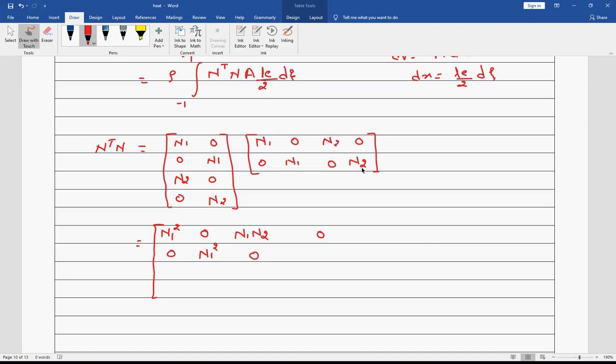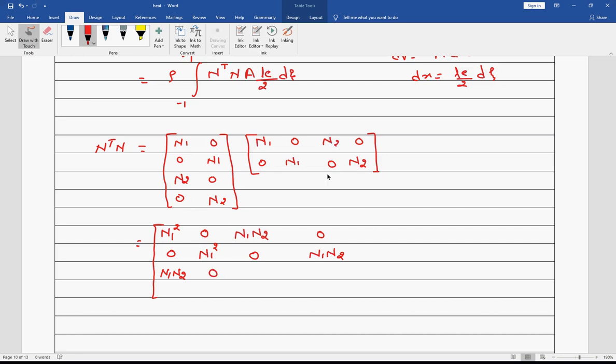Second row and fourth column, N1 N2. Third row and first column, N1 N2. Third row and second column, 0.